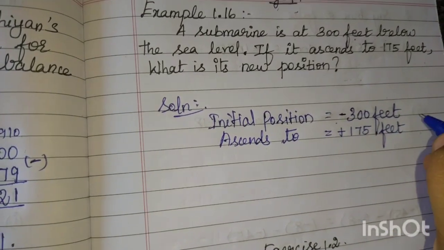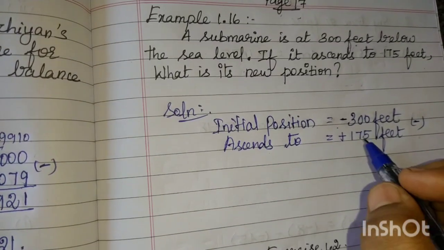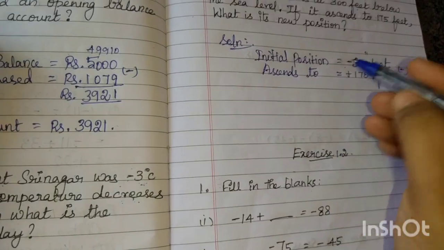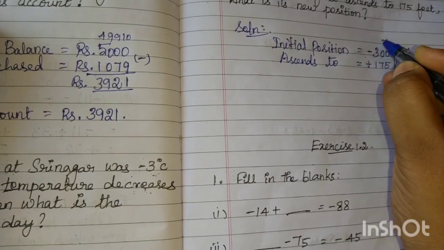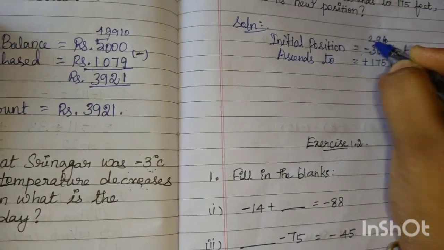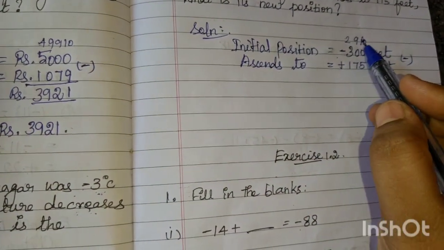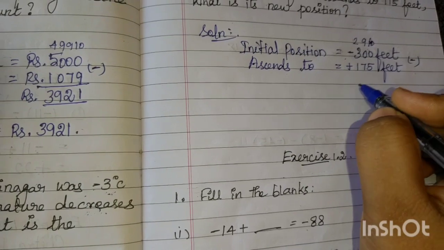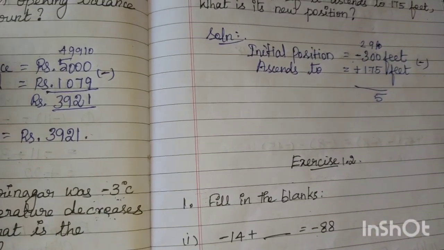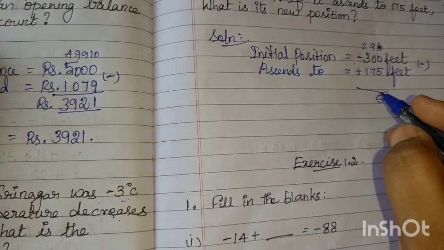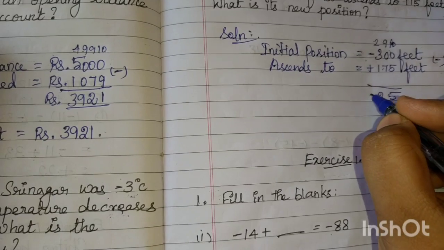Now you just do it. Minus plus is there, so we just wanted to do the subtraction. Subtraction do means here 10 will come, here 9 will come, here 2 will come. 10 minus 5 is 5. 9 minus 7 is 2, and then 2 minus 1 is 1.